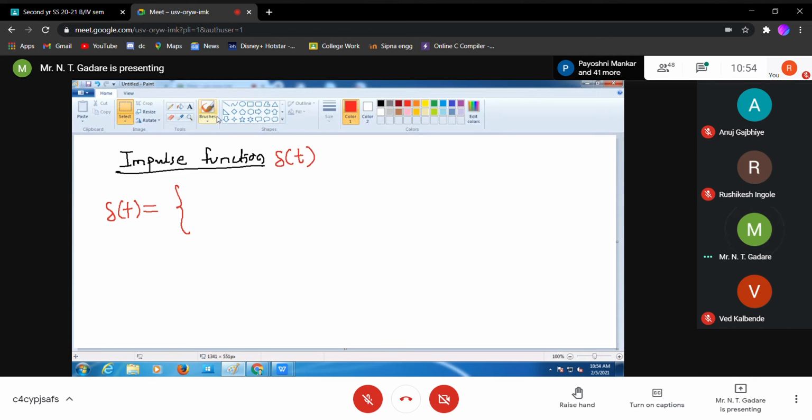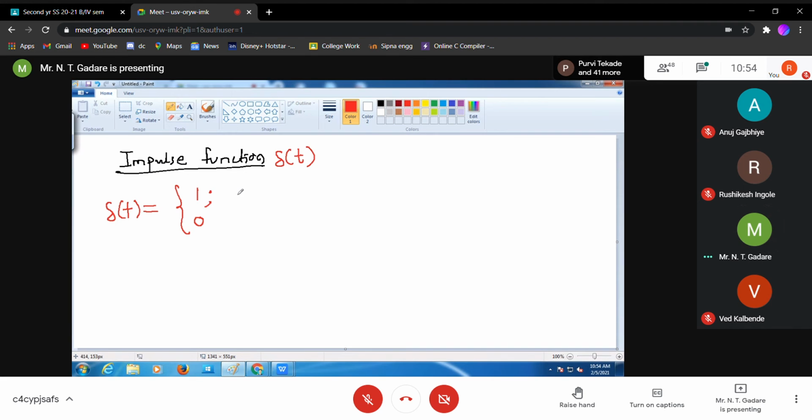So this function is always given as 1 and 0. तो हमेशा ध्यान में रखिए जब भी हम डिफाइन करते हैं, del of t is 1 and del of t is 0. Now the question arises: when is it 1 and when is it 0?